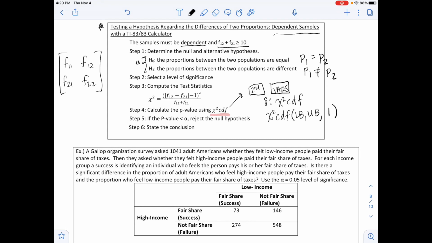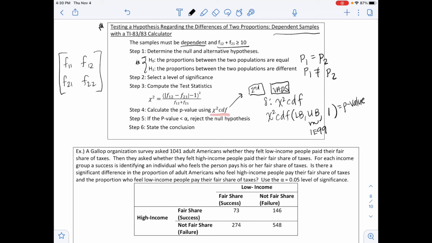It depends upon your degrees of freedom, but it always goes off to the right. So our actual upper bound here is going to be 1e99 since it goes on to infinity. And so from this, we're going to get our p-value. And if the p-value is less than alpha, we reject our null hypothesis.